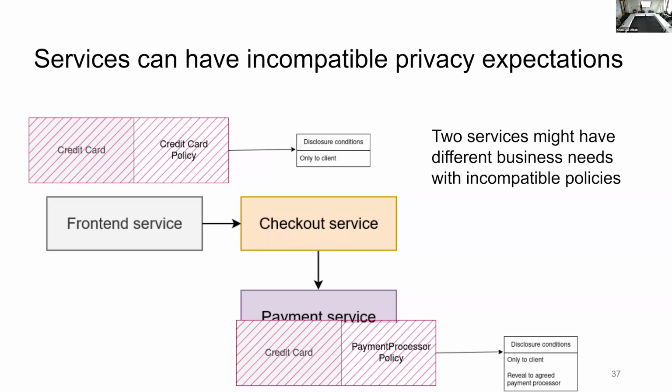On the other hand, the payment service has some business purpose for using the credit card. They need to reveal it to some third-party processor. And obviously, we can safely assume that a third-party payment processor is not going to be using Tahini. We do not want to make strong assumptions here. So there is going to be some disclosure and some unprotection.